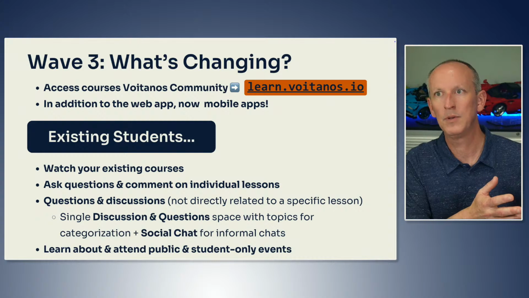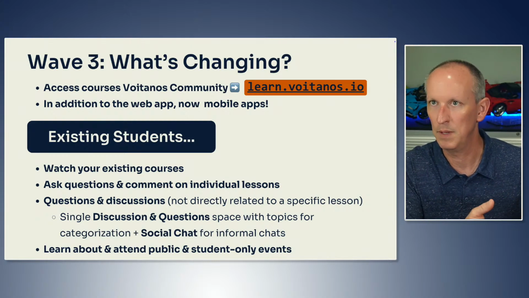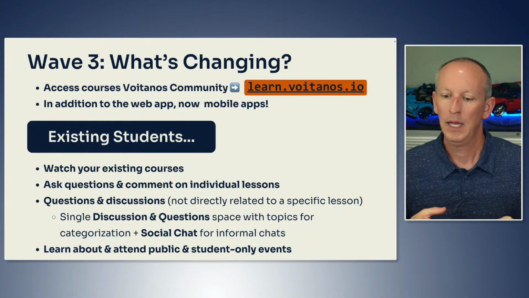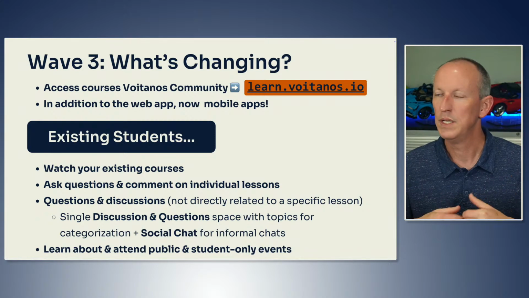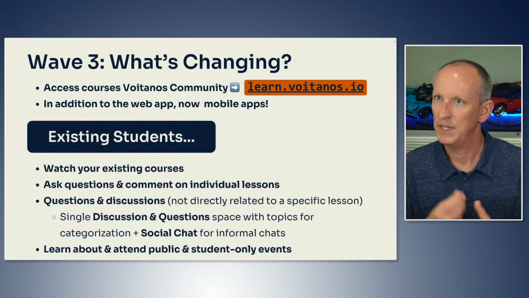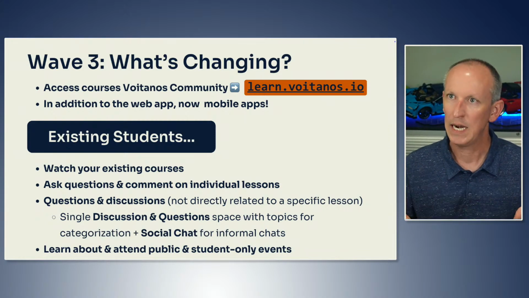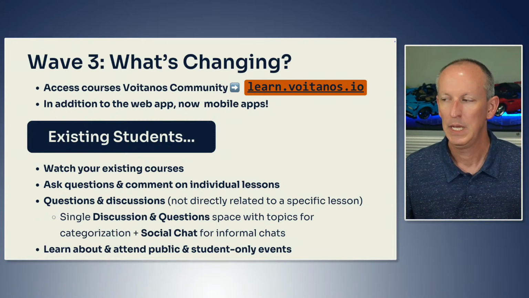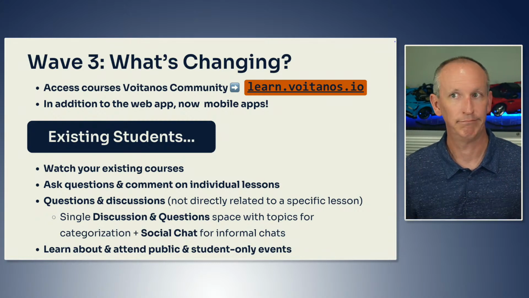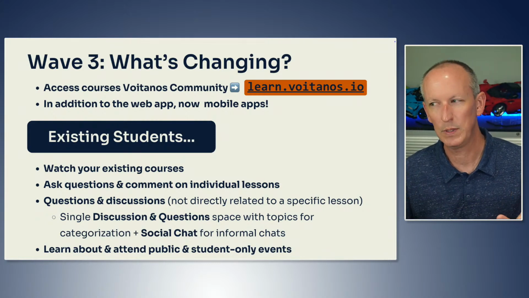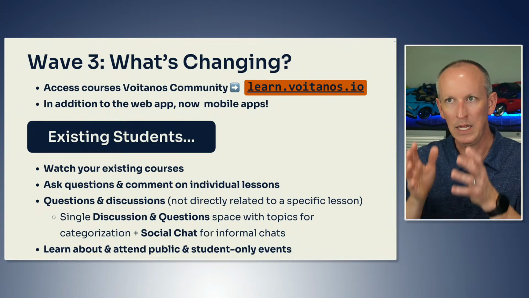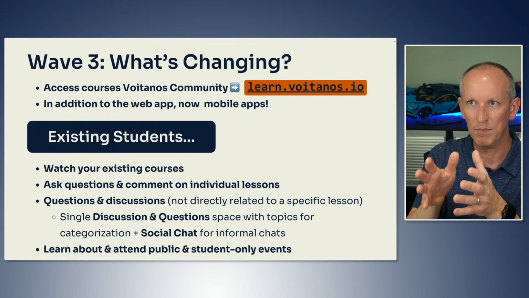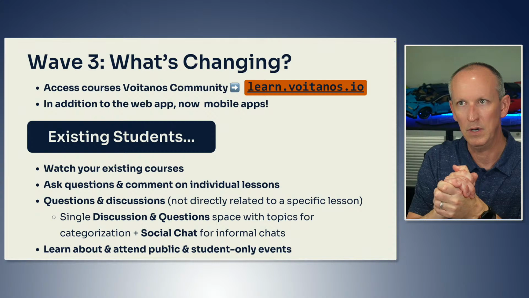This is one of the reasons why I published these 2 articles today on my site, which were the basis of my newsletter. One of those articles was, how do you ask a good question? That's one I've wanted to write for a while. But the second one was, when you've got a question, where should you go? You can read between the lines here: my priority is answering questions and interacting with my students in the new Voitanos community.